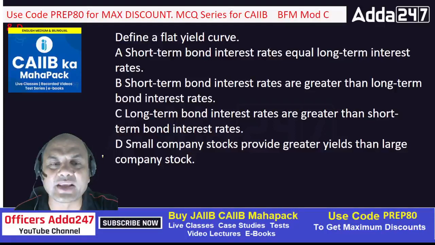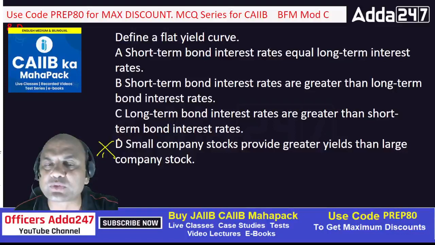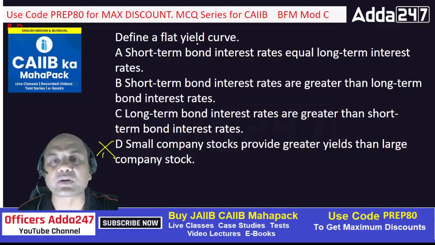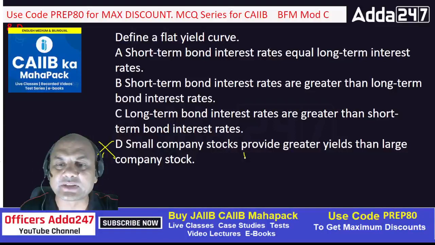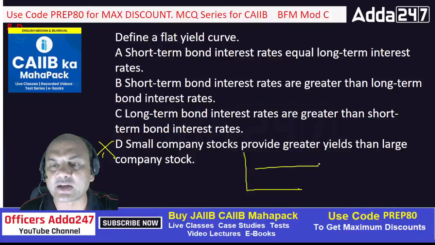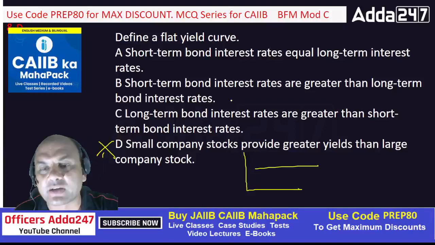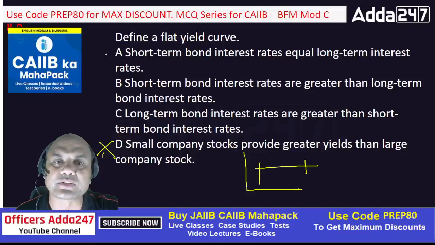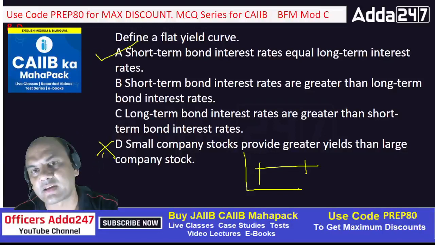D has no relationship with this question, so D is totally out. It is either A, B or C. Flat means a straight line, as I showed you just now. A 3-month FD has the same rate as a 10-year FD. So the answer is A, correct?